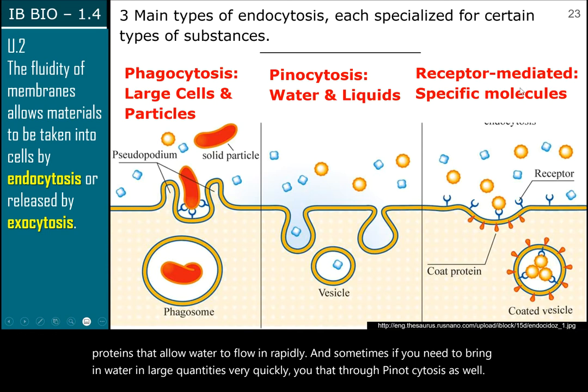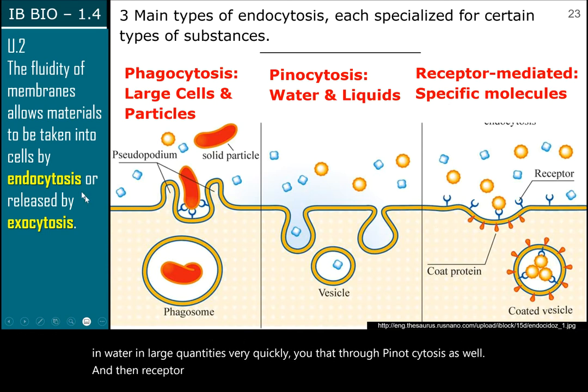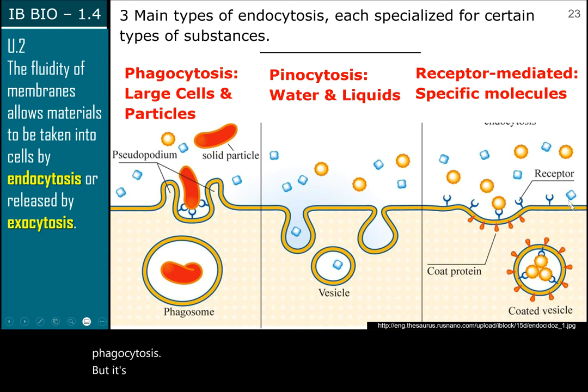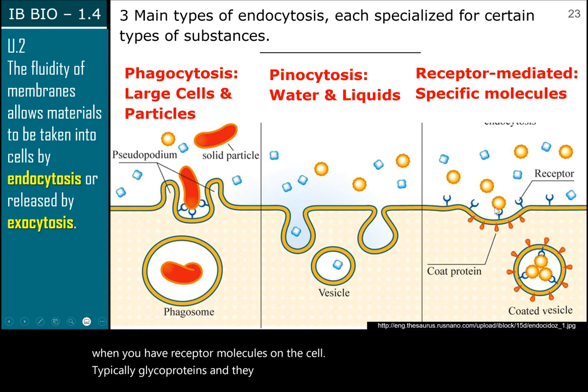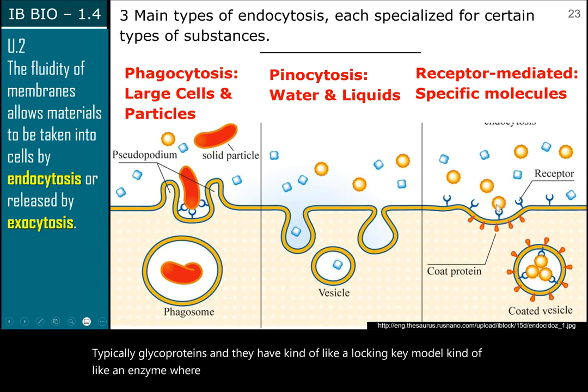And then receptor-mediated specific molecules. This is kind of like phagocytosis, but it's not necessarily a large solid particle. So receptor-mediated endocytosis is when you have receptor molecules on the cell, typically glycoproteins, and they have kind of like a lock and key model, kind of like an enzyme, where they match a particular molecule.